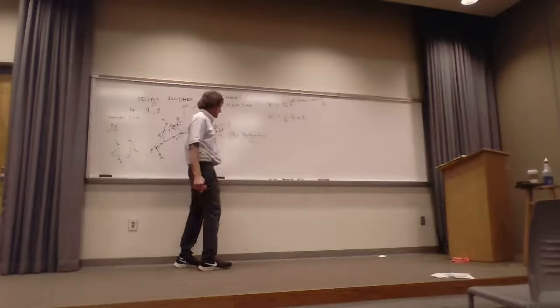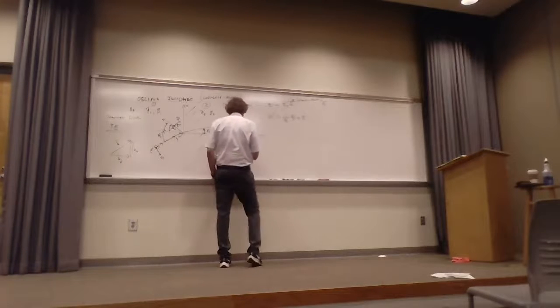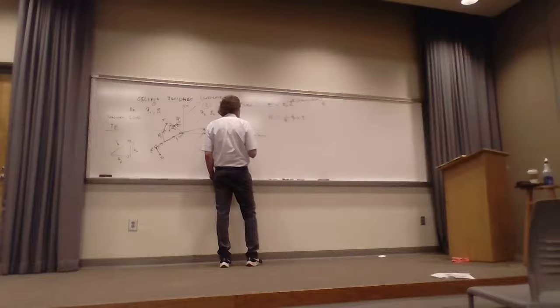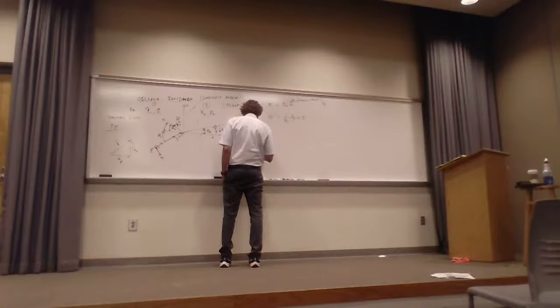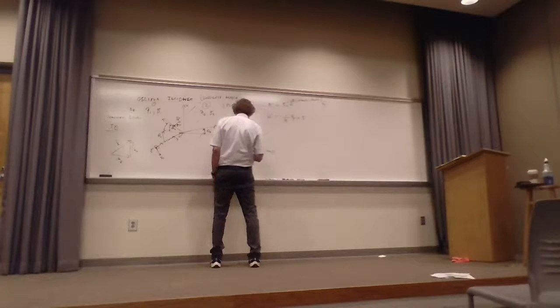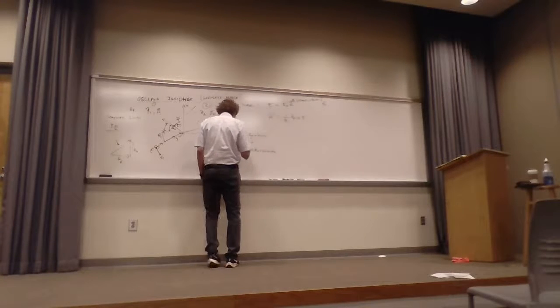So what is it really? Well, that's simply going to be sine of theta incident ax plus cosine of theta incident az. And that would be the unit vector in the direction of propagation.